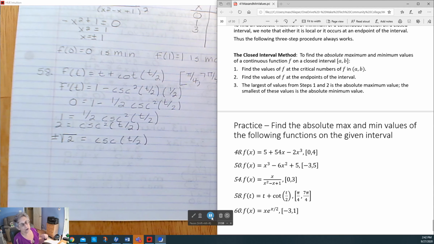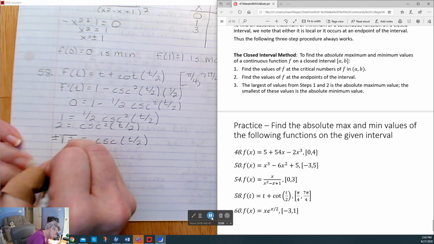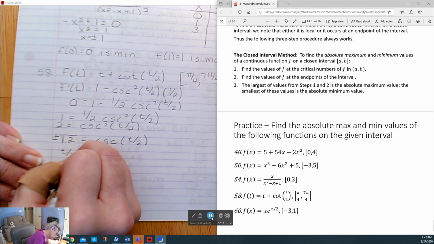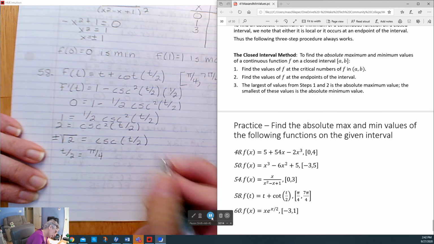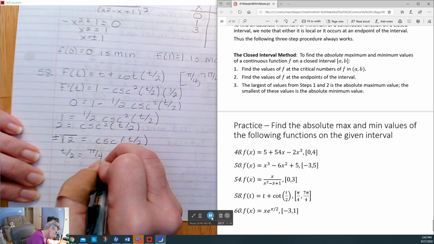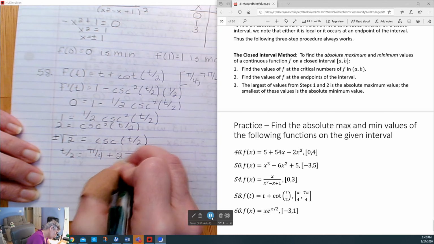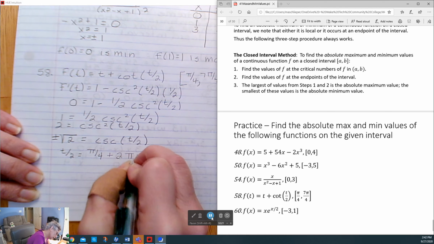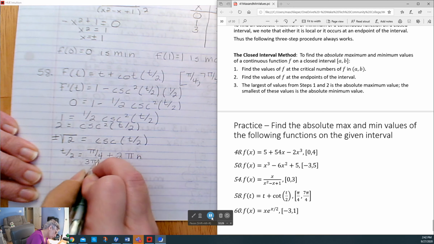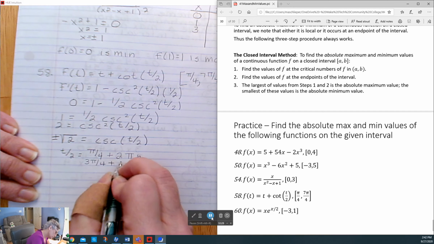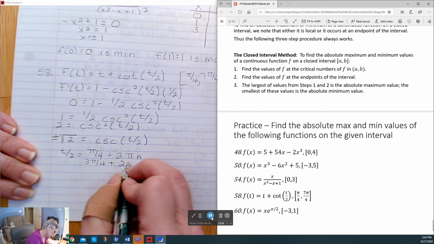Cosecant is 1 over sine, and sine is equal to square root of 2 over 2 when t over 2 is equal to pi over 4 plus 2 pi n, or 3 pi over 4 plus 2 pi n.